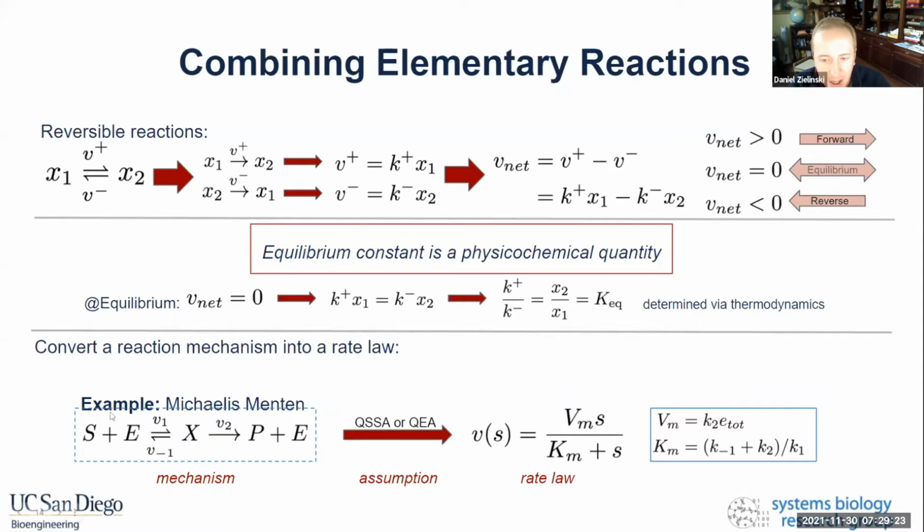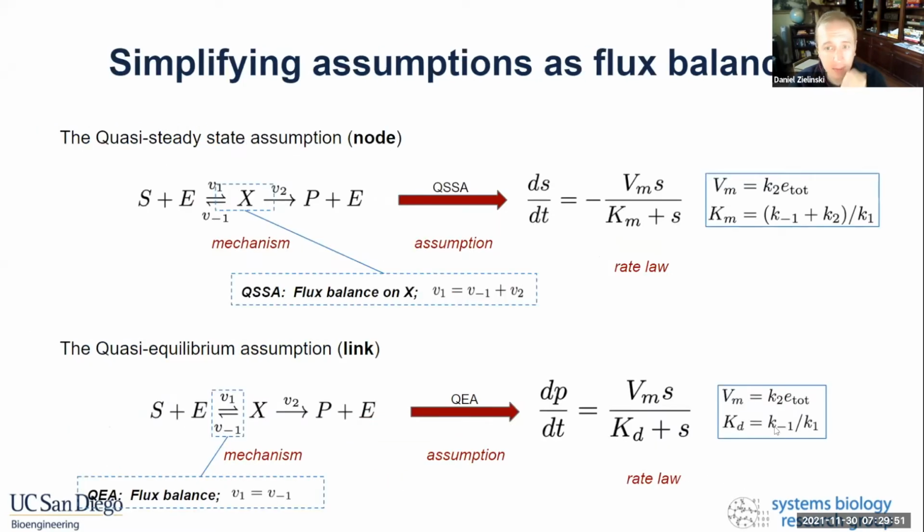And we can derive, and I'll show how in a second, an overall rate law for this reaction. So now we're not talking about individual V1, V2, or V minus 1 and V2s. This is now the overall rate for S converting to P. And so now it's just in terms of those terms. But it gets more complicated, and now we have these Vmax and Km terms that everyone is familiar with. Okay.